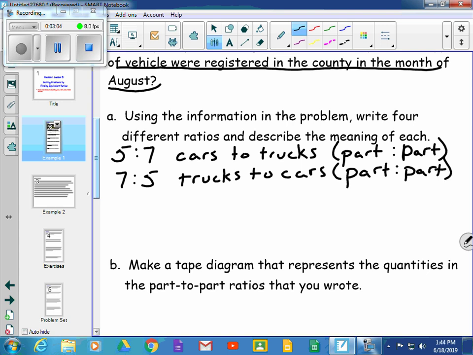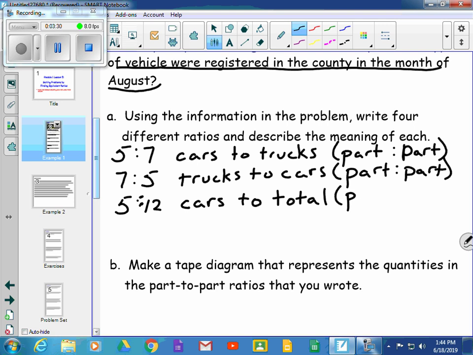Now there are other ratios that we can create using this information. For example, 5 to 12. 5 represents how many cars, and we're going to compare it this time. If we add the 5 and the 7 together, we get 12, which is how many total. So there are 5 cars for every 12 total vehicles.